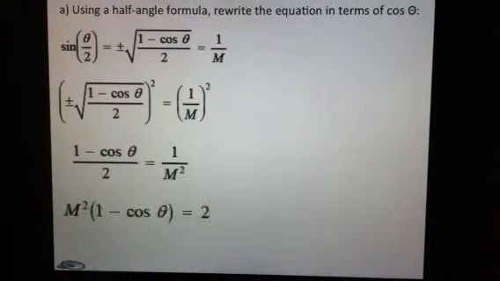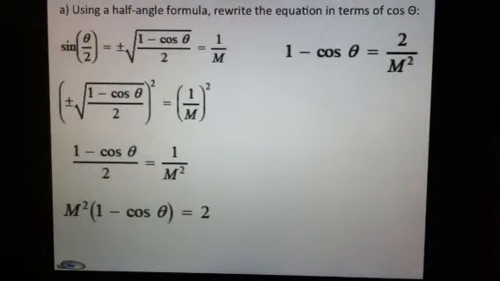We'll then multiply both sides by 2m squared, canceling out the 2 and m squared respectively, and giving us m squared times (1 minus the cosine of theta) is equal to 2. We'll then divide both sides by the Mach number squared, giving us 1 minus the cosine of theta is equal to 2 over the Mach number squared.